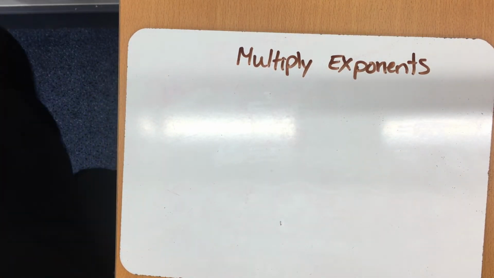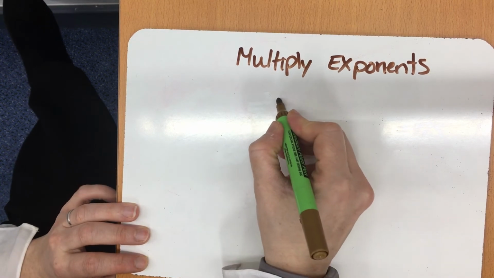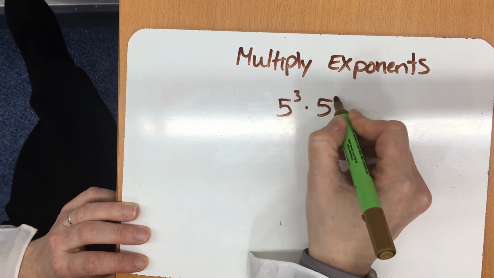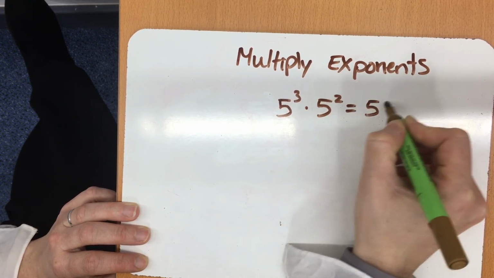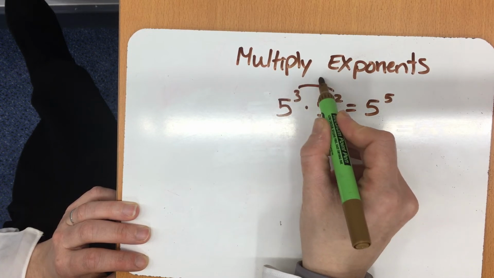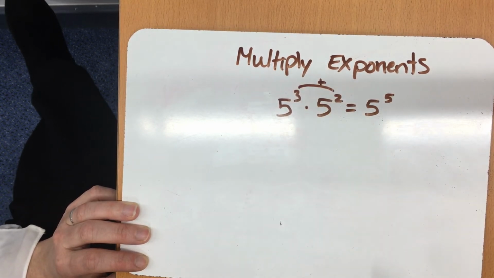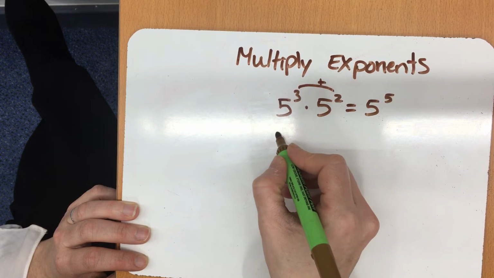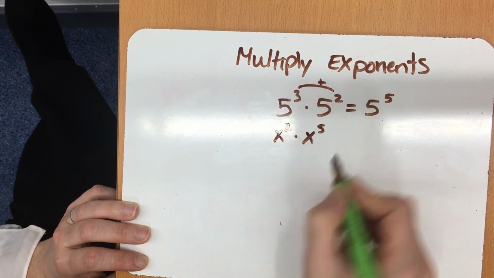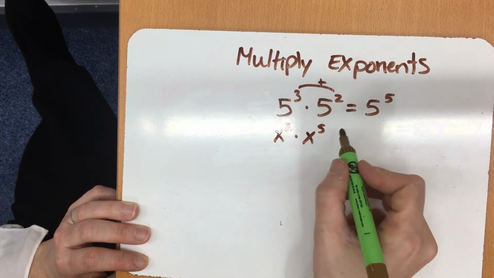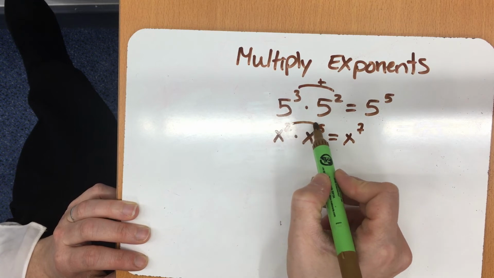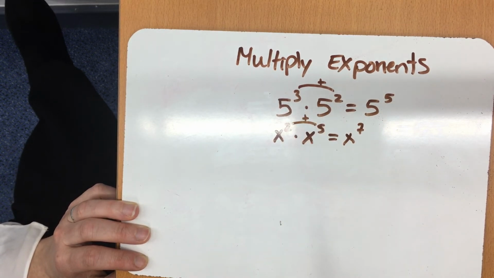So you may have noticed that when I had 5 to the 3rd times 5 squared, and I ended up with 5 to the 5th, by expanding it all out, that really I could have gotten the same answer if I just added the powers. And the same thing when I had x to the 2nd power times x to the 5th power, I expanded it all out, there were 7 x's multiplied together, which gave me x to the 7th, that really I could have gotten the same answer by just adding the powers.